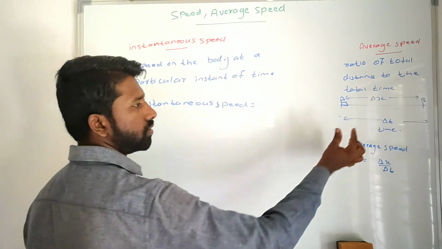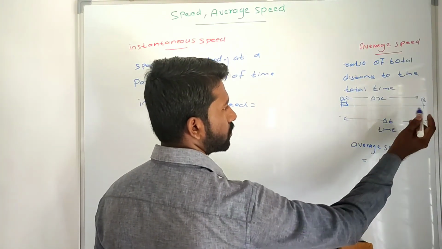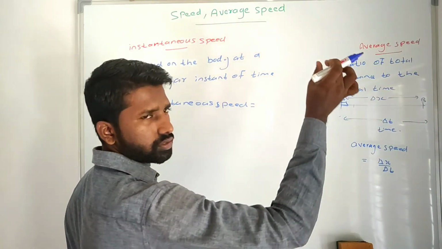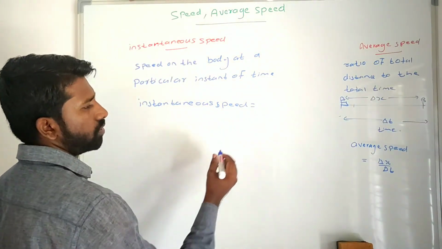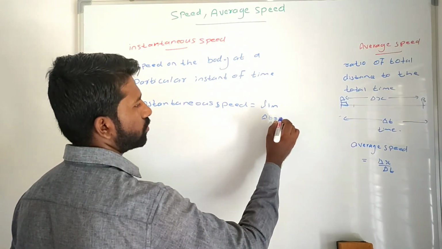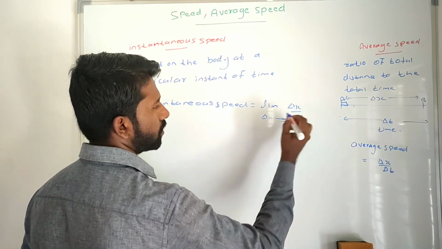That means you see this, if at a particular instant I need to find it, you can see that this delta t reduces to this small instant. So I can say that limit as delta t tends to 0, delta x divided by delta t.